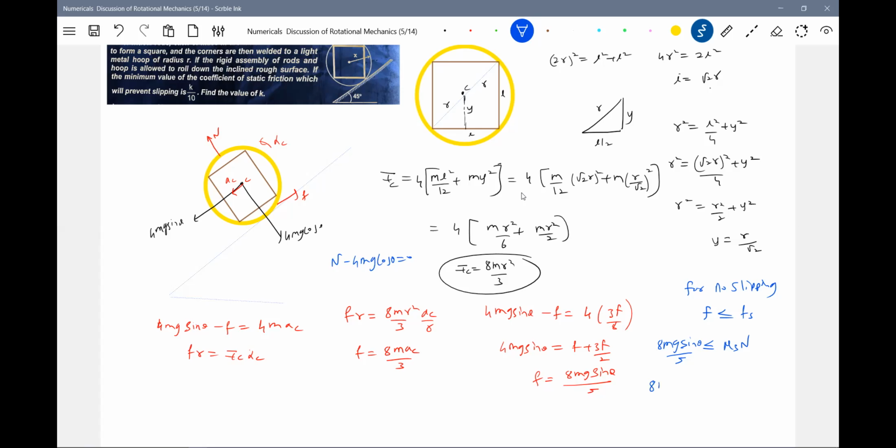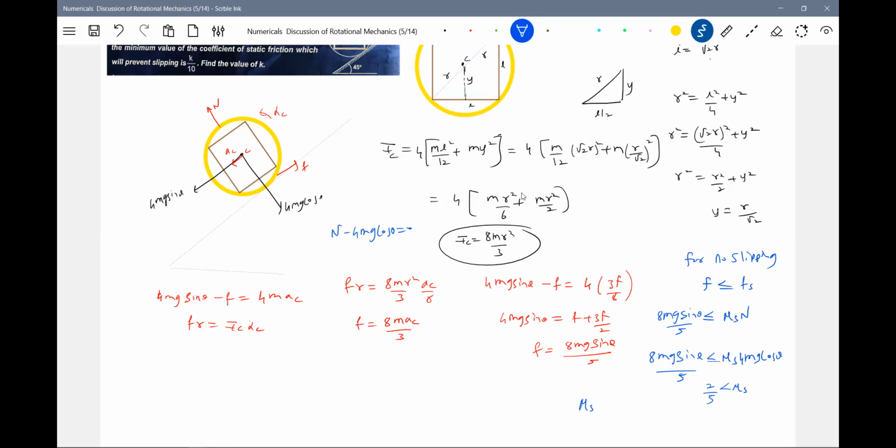I think now we are almost at the end. So theta is 45 degrees. So this 8 by 5 over 4 mg becomes 2 by 5. So what is the value of mu s?